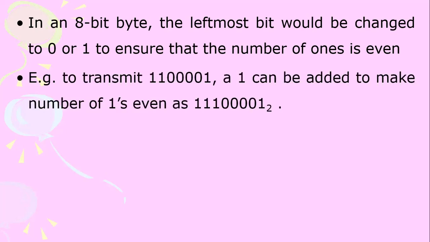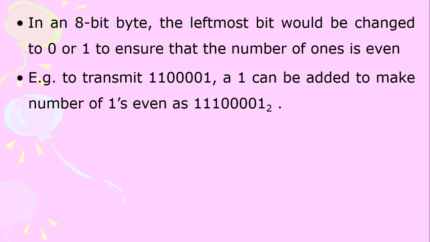For example, if you want to transmit 11000001, a 1 can be added to make the number of ones even as 111000001 to base 2. Note, we are adding 1 on the most significant side, the most significant bit.